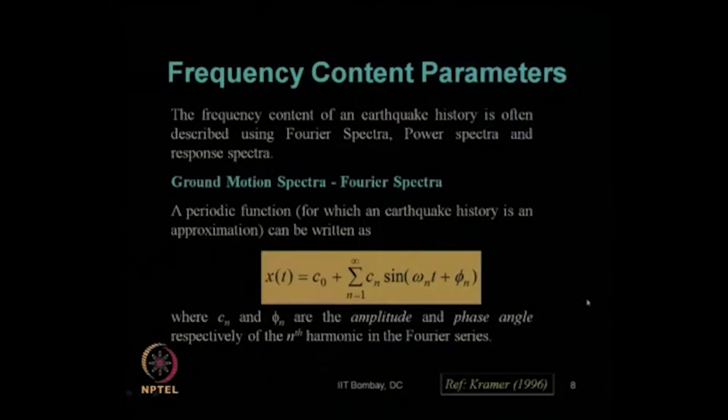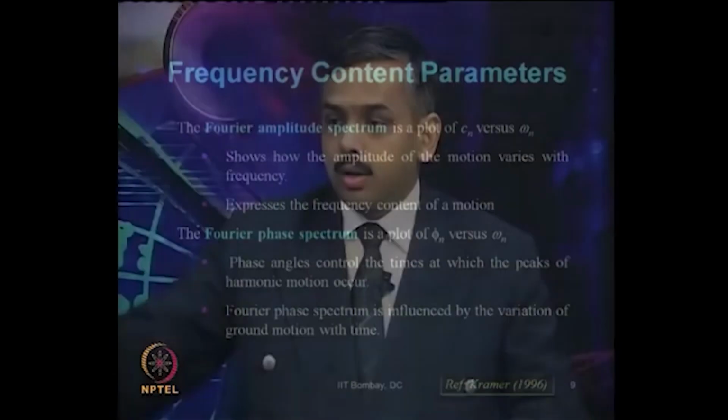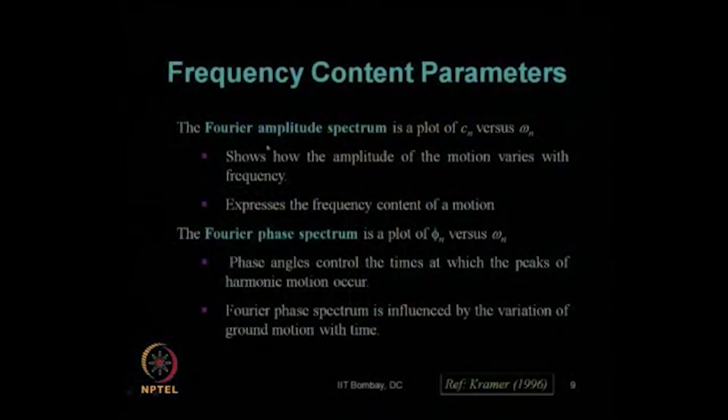After expressing the Fourier series, we can say that the Fourier amplitude spectrum is nothing but a plot of the amplitude C n, which is the amplitude of the nth cycle, versus omega n. So, if we plot C n versus omega n, that will give us the Fourier amplitude spectra.